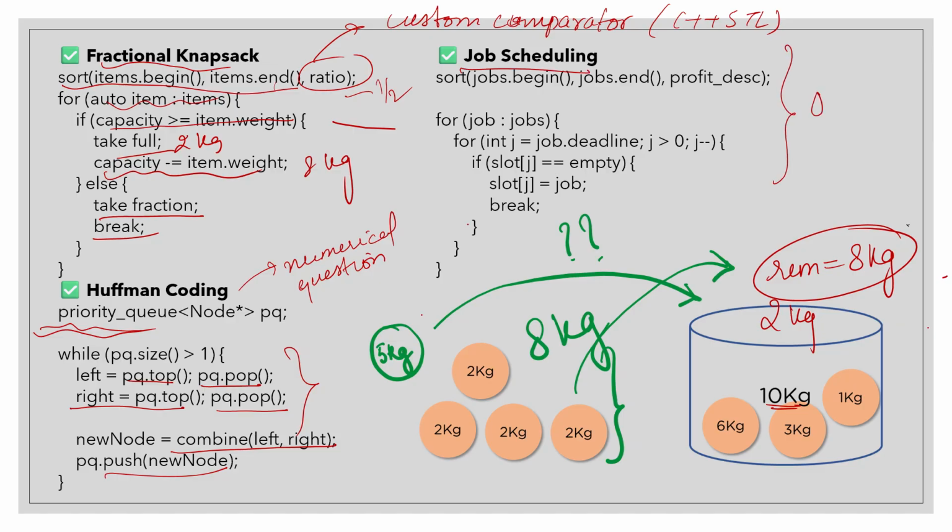Job scheduling. This is covered in your OSSP subject, operating systems and system programming. This might not be asked in this subject, but you should have an idea of how this works. Here we assume that every task has a unit time associated. But in real life, you also know that each task has a specific time.